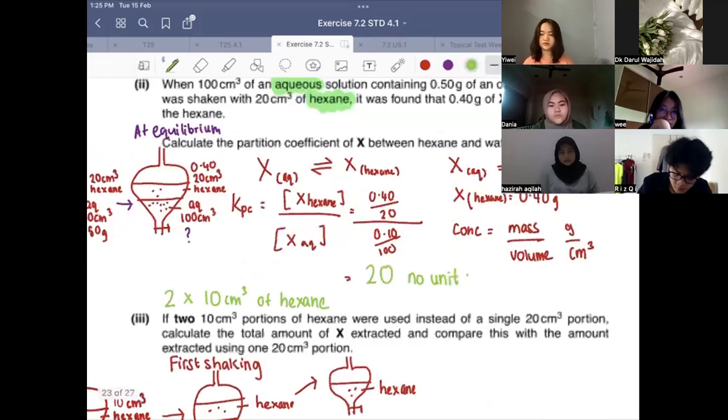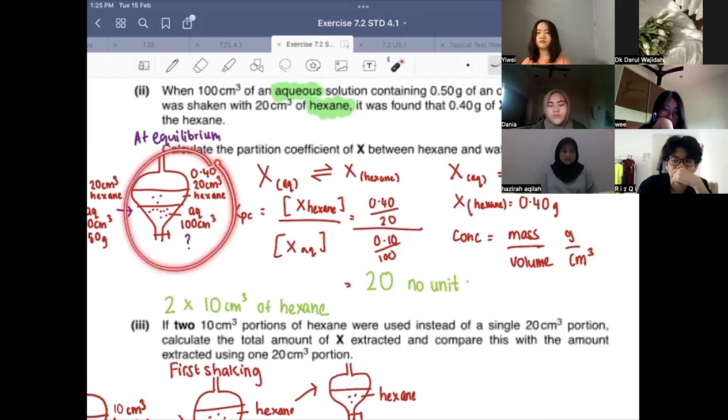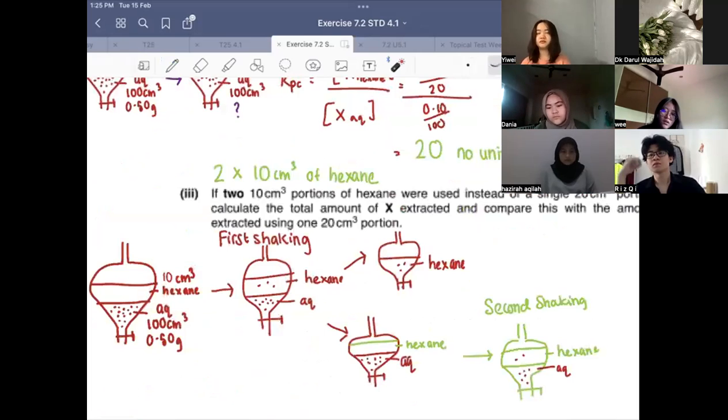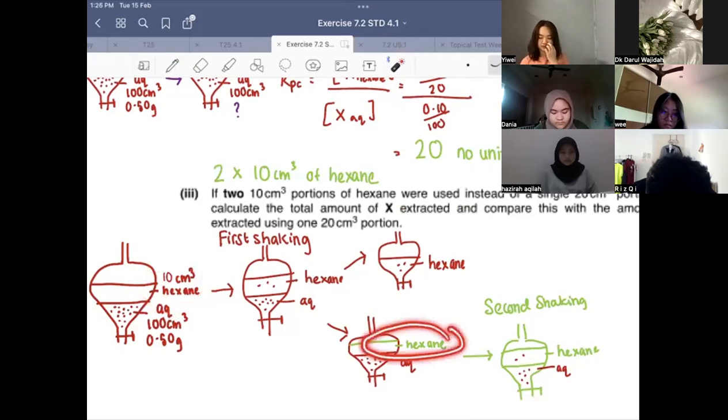So they're now trying to do the same extraction, but the first one, you do it in one step, in one go, with 20 centimeter cube of hexane. But in the second part of the question, you want to do it in 2 steps, where you first use 10 centimeter cube of hexane for the first extraction or the first shaking, and then you use another 10 centimeter cube of hexane in the second extraction or in the second washing.